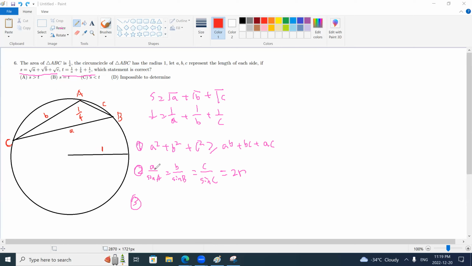So formula number 3 is the area formula, which is 1/2 sine C times AB. That is equal to the area, which is equal to 1/4 in this case. And this is equal to 2 in this case, because we know the radius is 1.